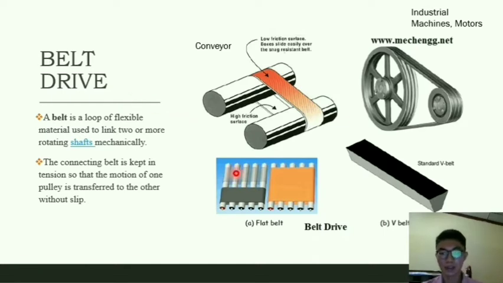The commonly used belts are flat belt and V-belt. An application of flat belt is the conveyor, and the application of V-belt is industrial machines or motors.